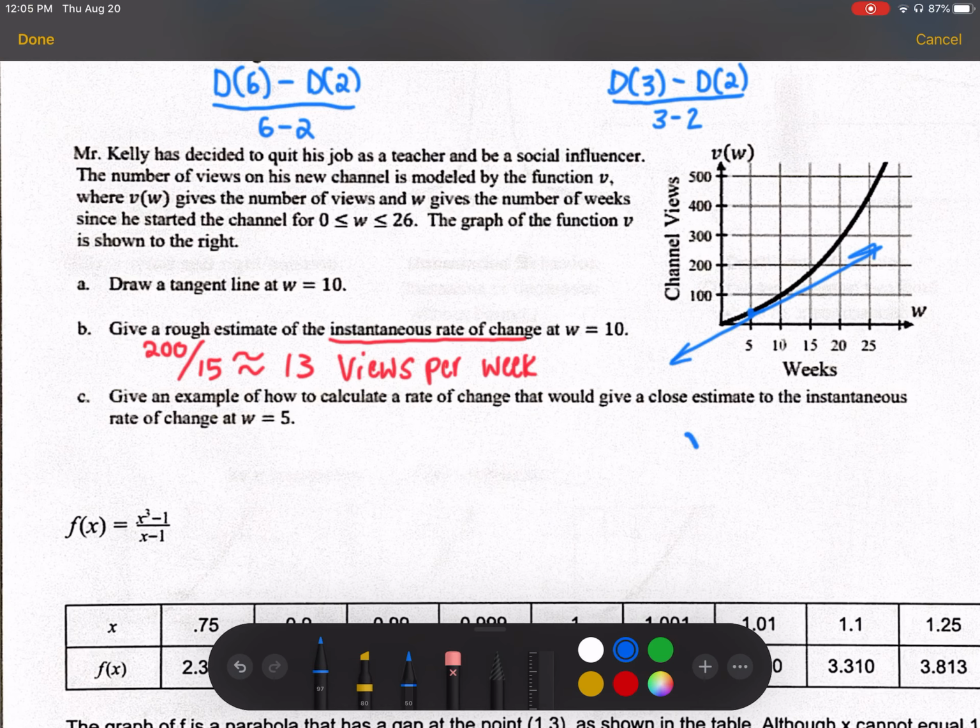So let's pick 5, and then we can use something like 4.999. So it's the same concept, my change in my y's over my change in my x's.